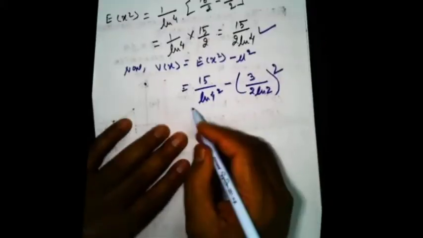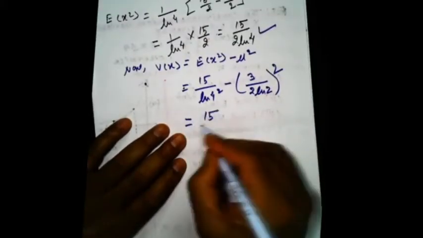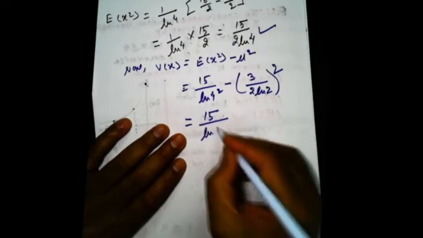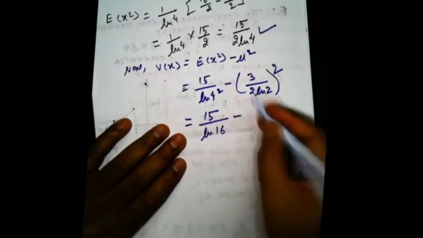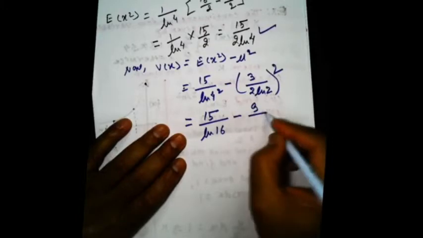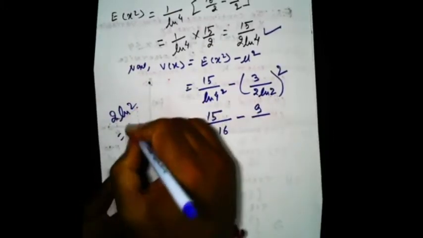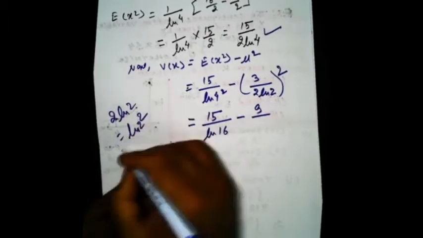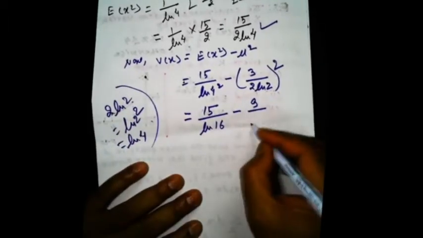Now let's calculate. So it is 15 divided by ln 16 minus 9 over 4 ln 2 squared. 2 ln 2 can also be written as ln 4, so it is ln 4 squared.